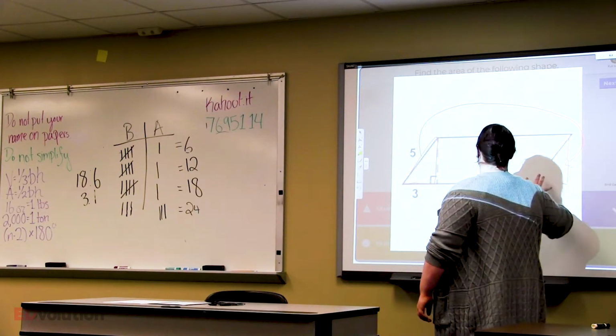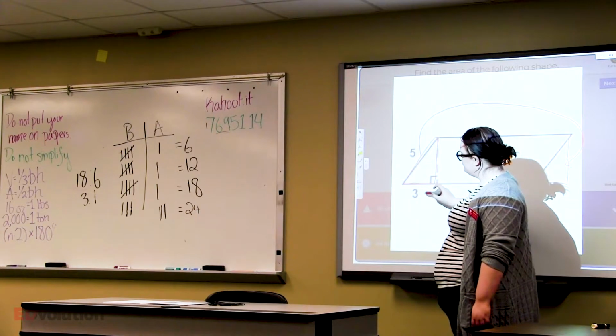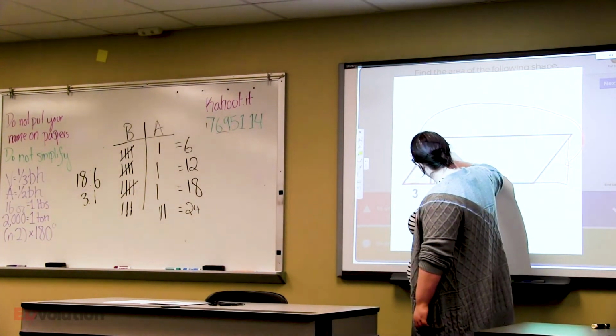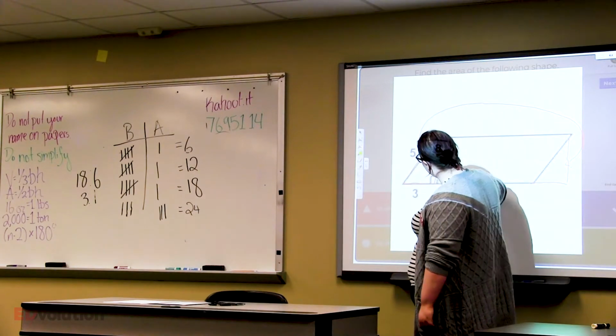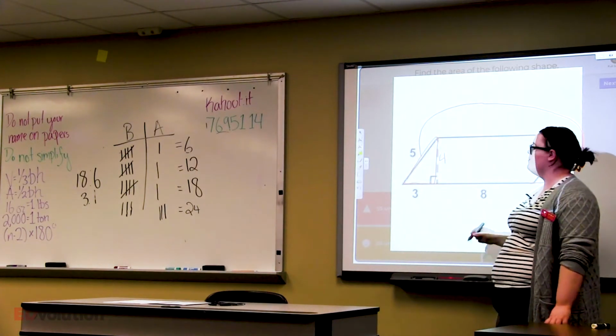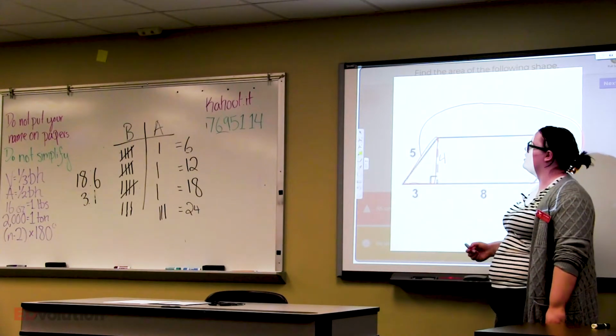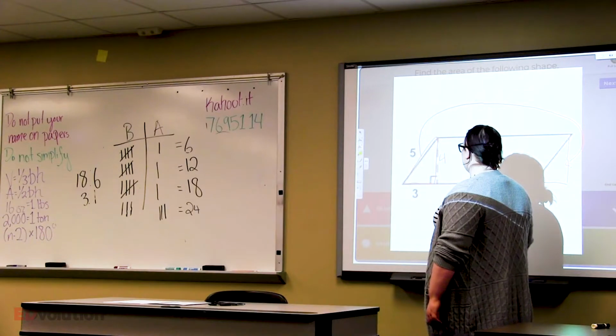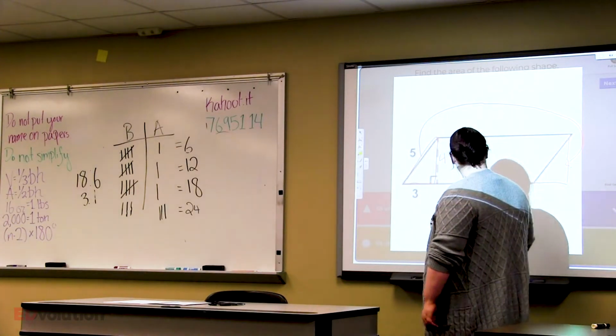If we made this a rectangle, this is a special right triangle. So this side would be 4 because it's a 3, 4, 5 triangle. If you can't remember that it's a special right triangle, you could have also done Pythagorean theorem, and you would have come out with the same thing.